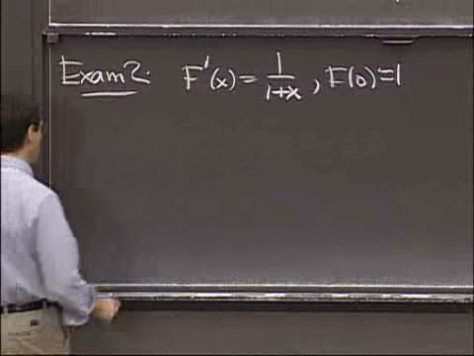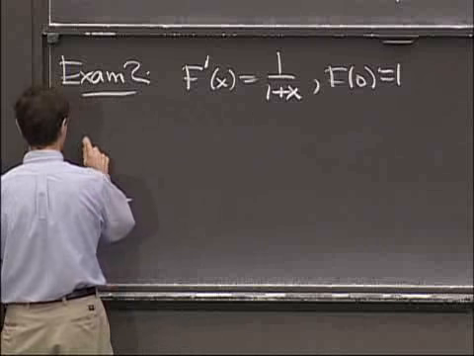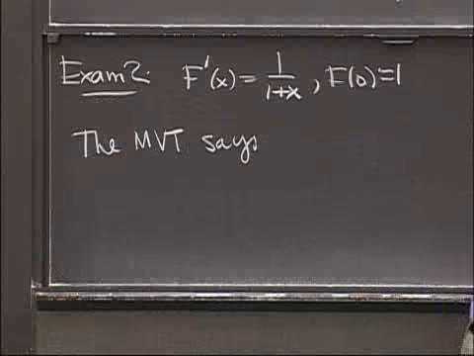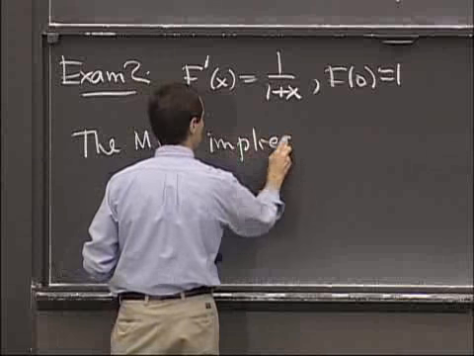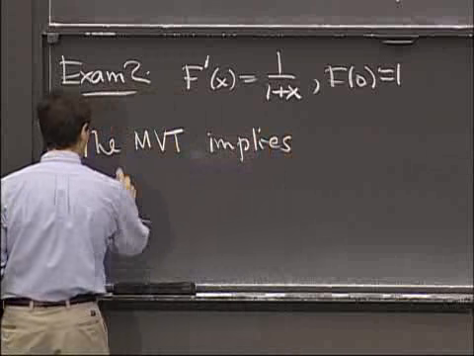And then the question was, the mean value theorem says, or implies, if you like. It doesn't say it, but it implies it. Implies A is less than capital F of 4 is less than B, for which A and B.